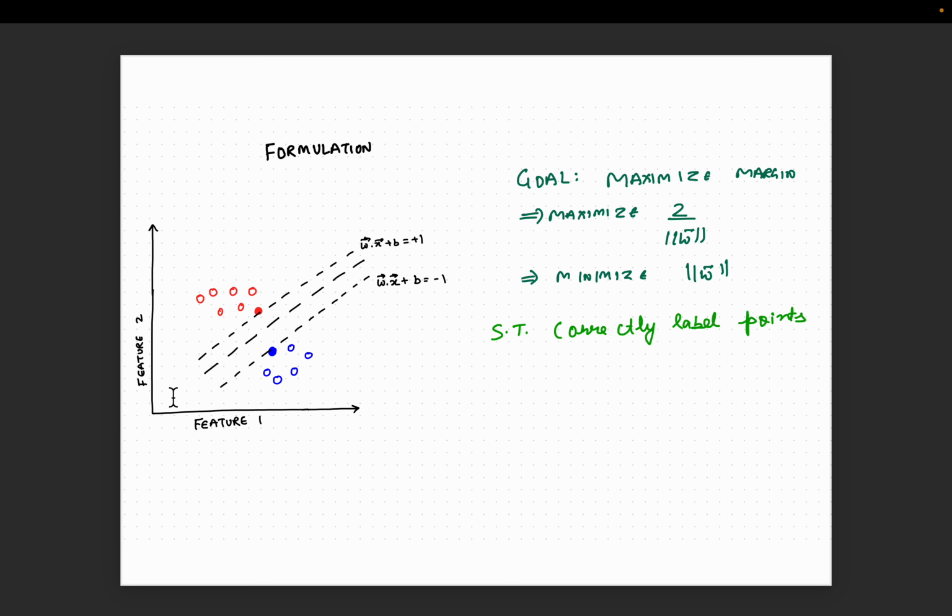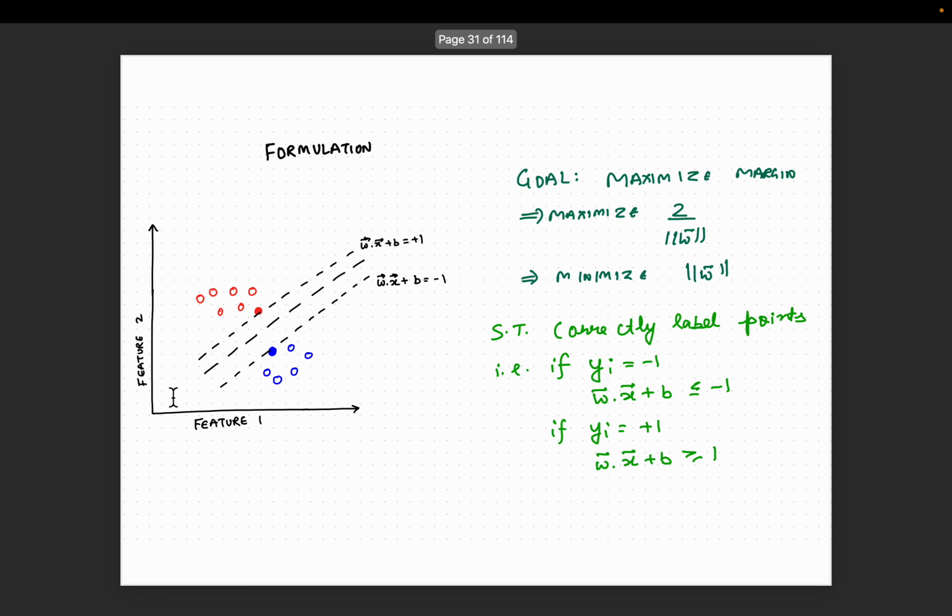We said that our goal is to maximize the margin, but it's not just maximize the margin. What else do we need? We discussed that if you just maximize the margin, you could misclassify all the points. I can have a w vector equal to 0. But that is not sufficient for us because our objective is to correctly classify all the points. So therefore, the constraints are that we correctly want to label all the points.